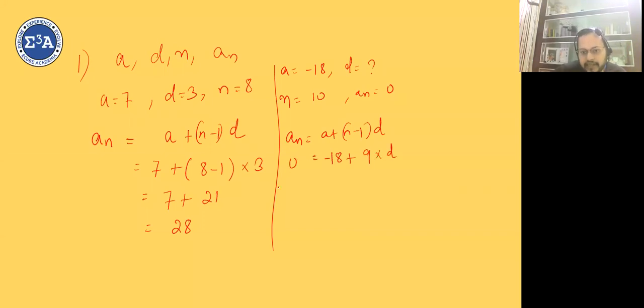In place of a_n we can write 0, which implies that minus 18 comes to this side, it will become 18 is equal to 9d, which implies that d is equal to 18 by 9, 2. Similarly, in all the questions out of these 4, 3 will be given. You have to find out any one.